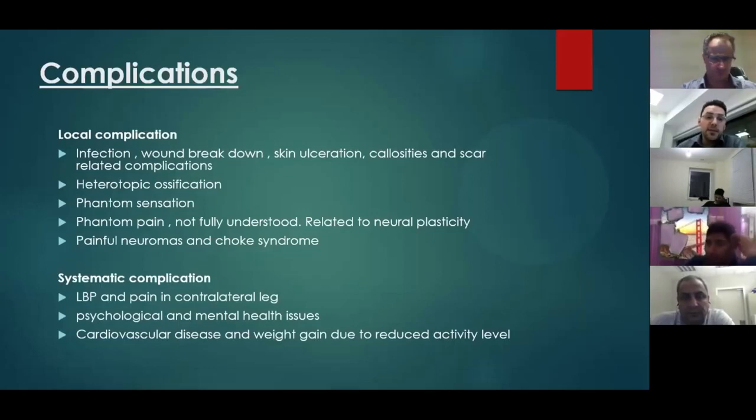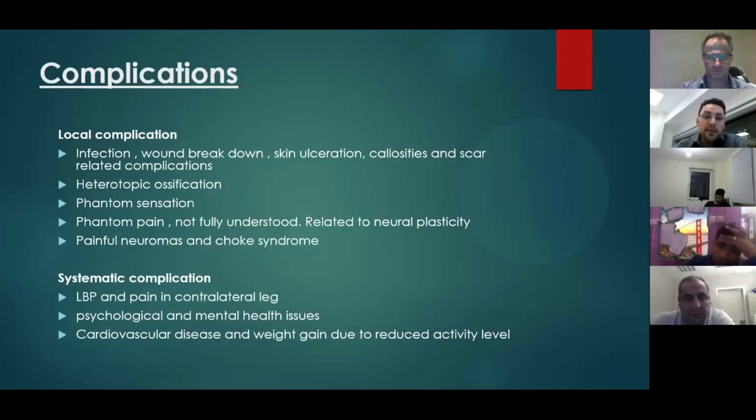In terms of systemic complications, I think about it the same way as hip arthrodesis, which can lead to lower back pain, contralateral leg pain, and hip and knee pain. Other systemic complications, as we know, are psychological and mental health issues.